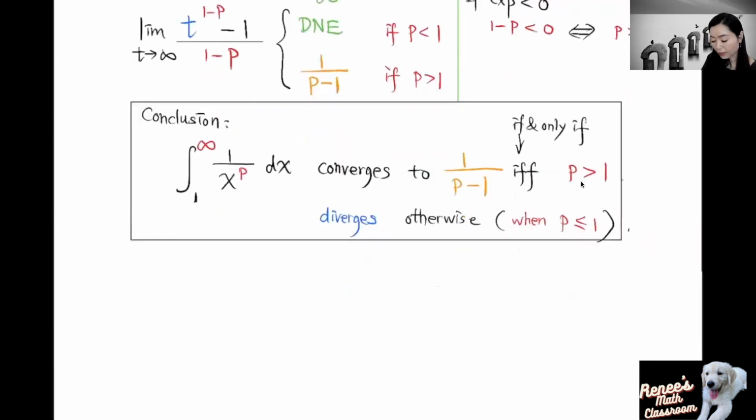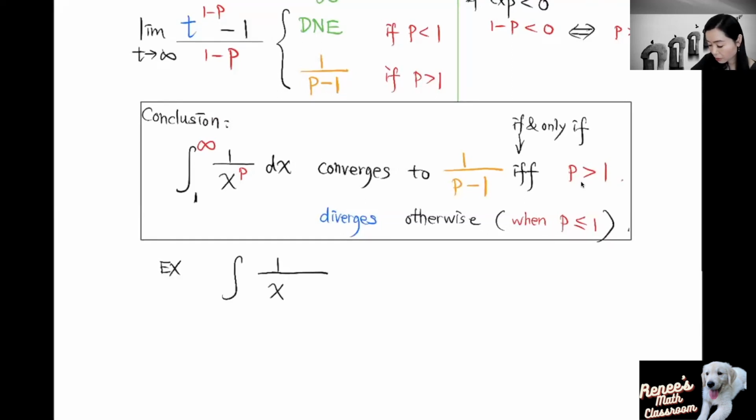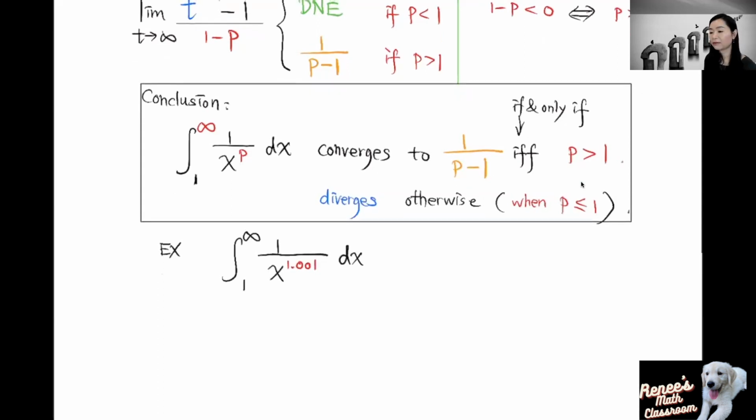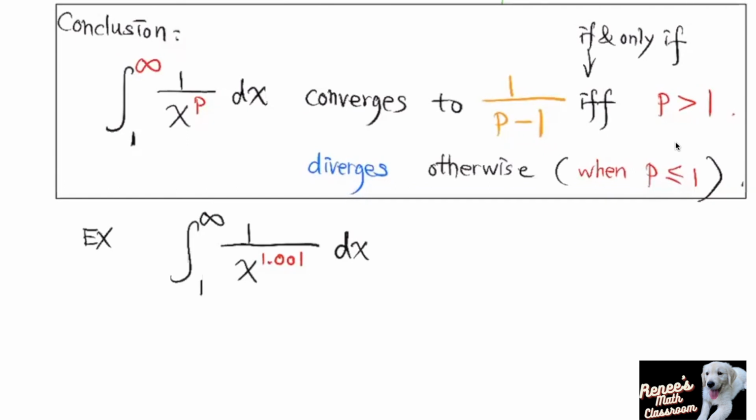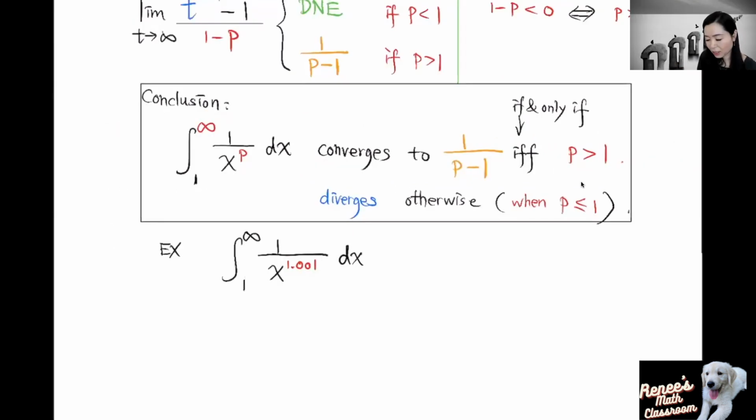Question? Okay, now let me see if you understand this. Let's take a look here: the integral of 1 over x to the 1.001 dx, x going from 1 to infinity. Convergent or divergent? Divergent. Did you say divergent or convergent? Divergent? Okay, let's take a look here.